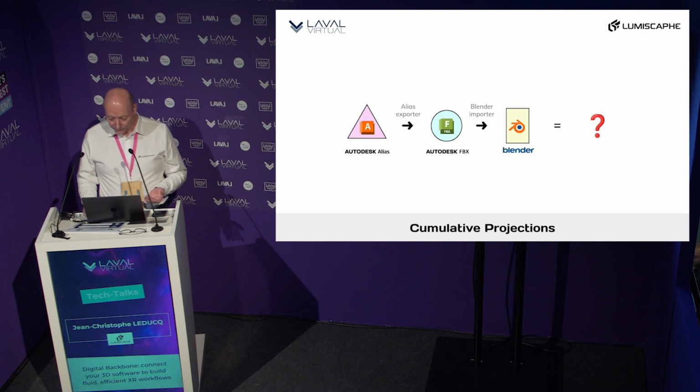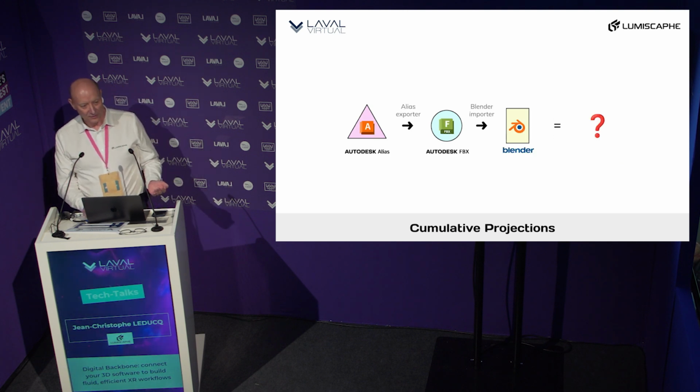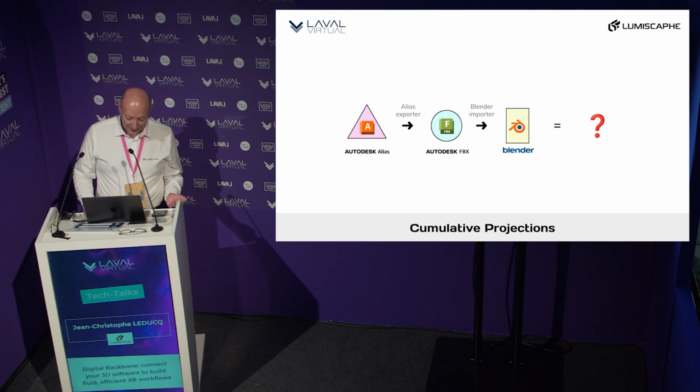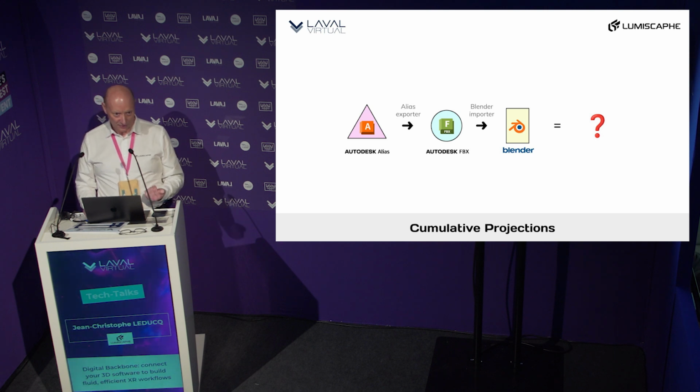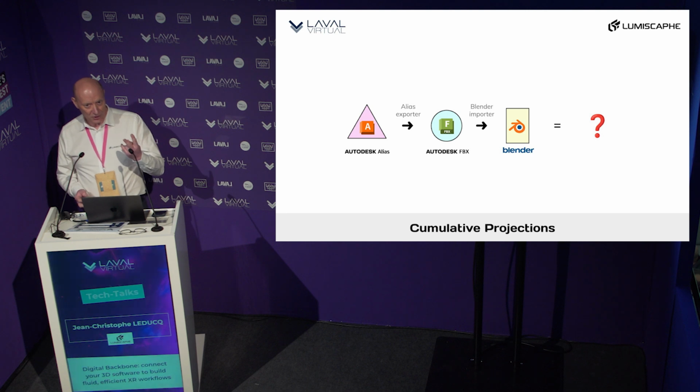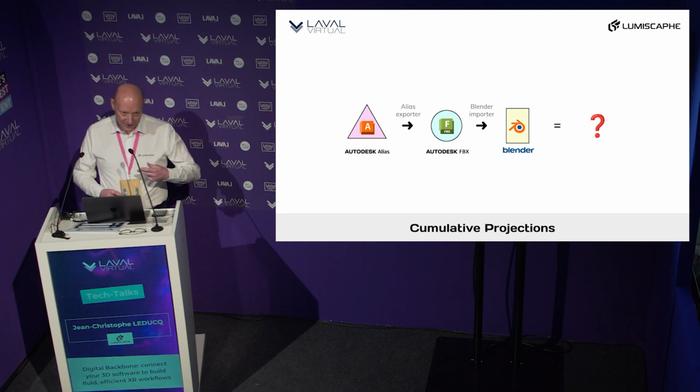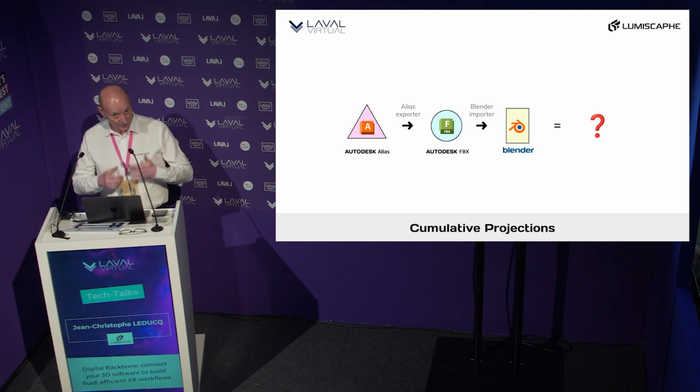So now, let's suppose that we have on the left Autodesk Alias software that exports my asset in FBX, and then we import that FBX file in Blender. What happened? We have two projections: from the Alias dataset to FBX, which is not the same universe, and from FBX to Blender, which is not the same universe once again.